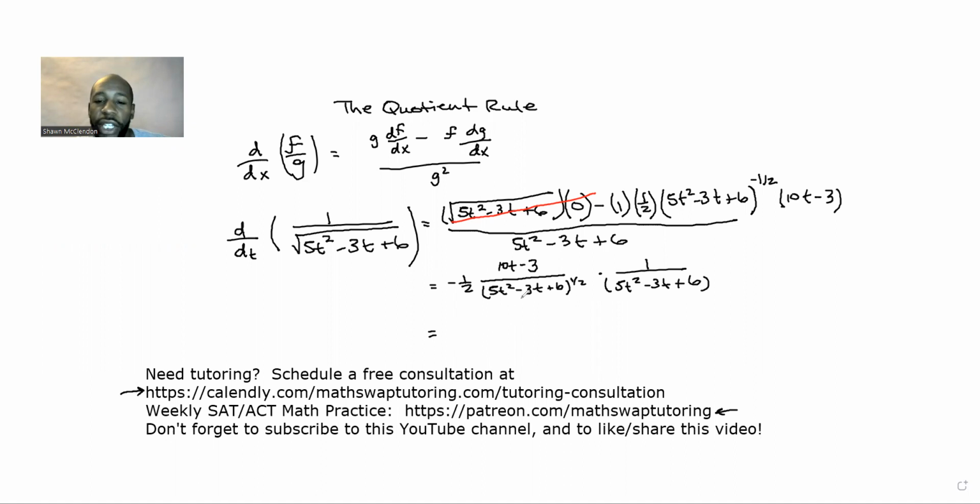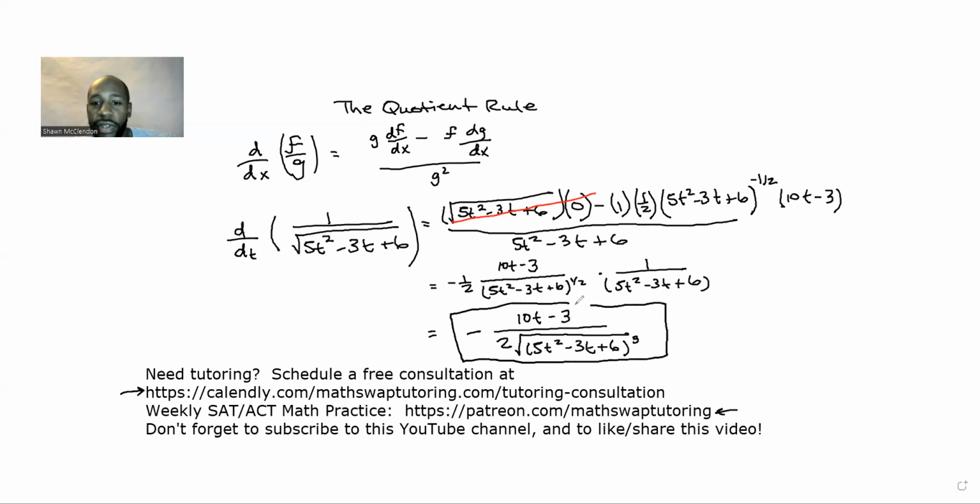In the numerator, you're going to have 10t minus 3, over, and there's going to be a negative because of that negative there, then a 2 times this stuff to the 3/2 power, or you can just say it like this: 5t squared minus 3t plus 6 cubed. And that's going to be to the 3/2 power times that 2. And this should be your final answer, or it is your final answer.